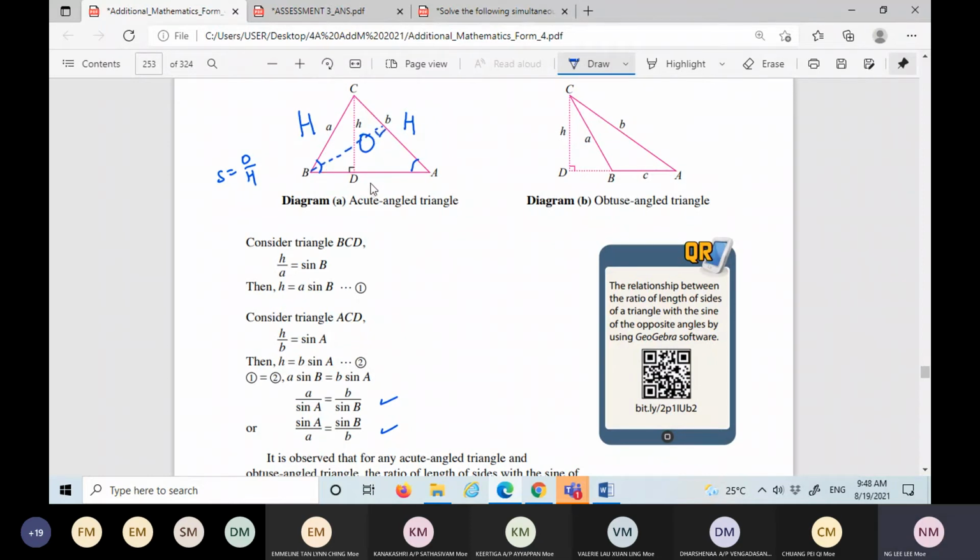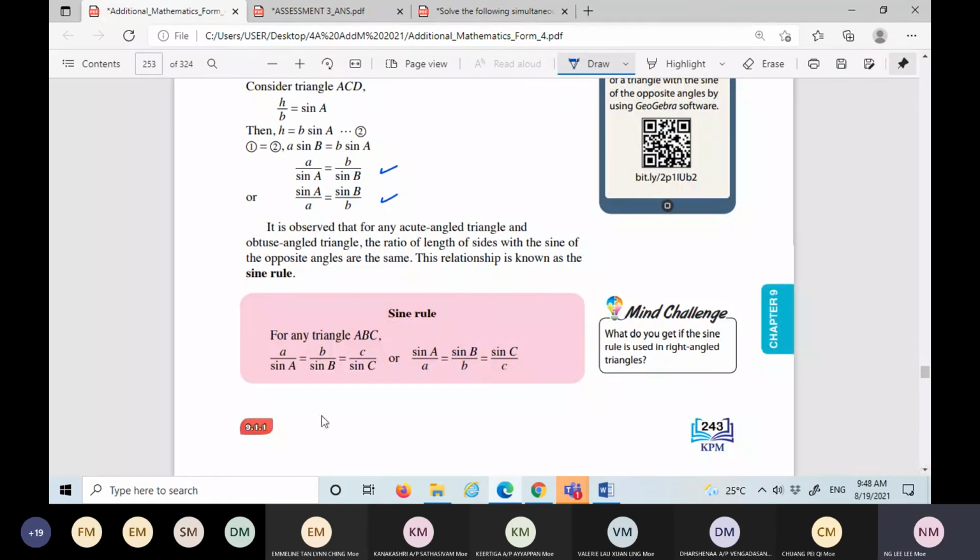You make here the perpendicular. Now AC is perpendicular to this. Maybe this one you label as H1. Then in this case you will involve the angle C. You continue to prove, and you will get the sine rules, which is this one.